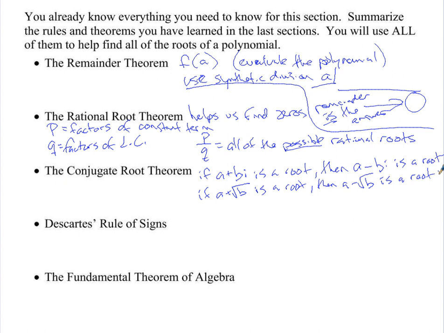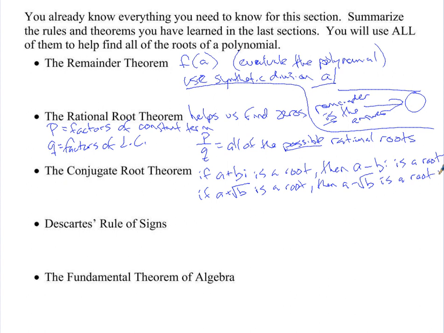Okay, we need to remember what Descartes' rule of signs is. The number of possible positive real roots, the number of possible negative real roots, and the number of imaginary roots to balance out the total number of roots.